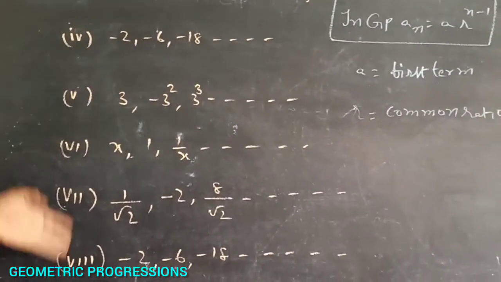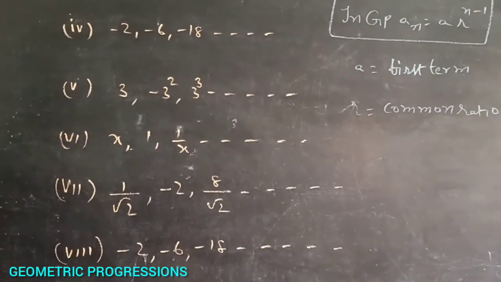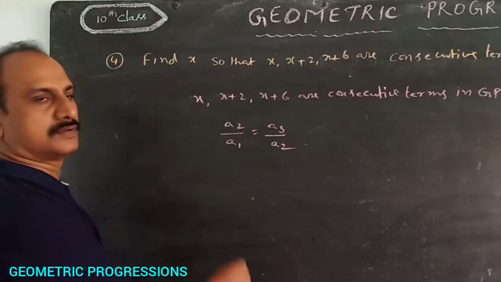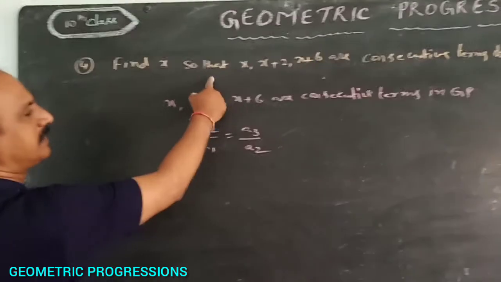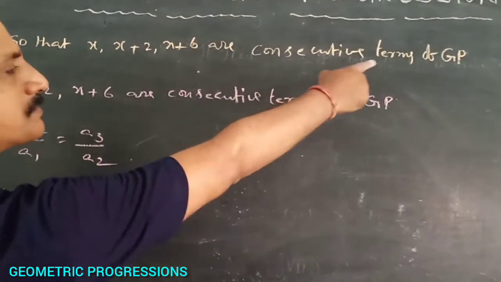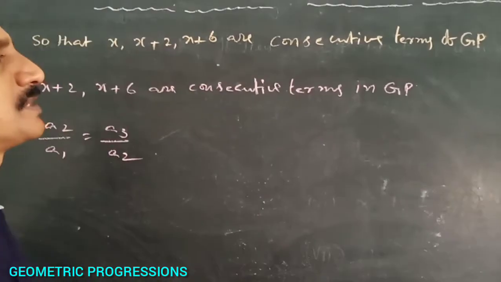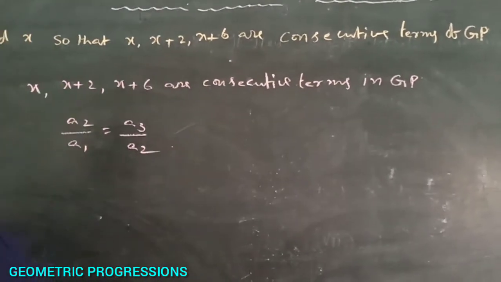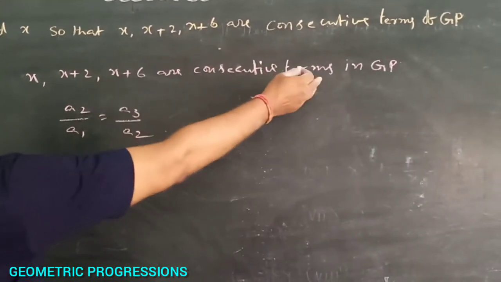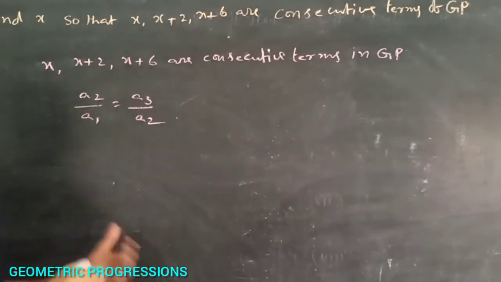Here, remaining sums are of the same type, so try them. Find x so that x, x plus 2, x plus 6 are consecutive terms of a GP, geometric progression. Consecutive terms means side by side terms.